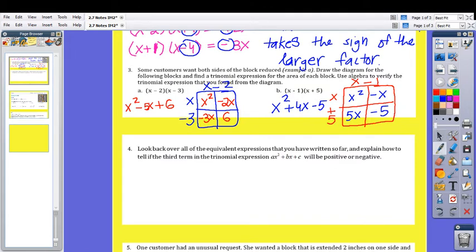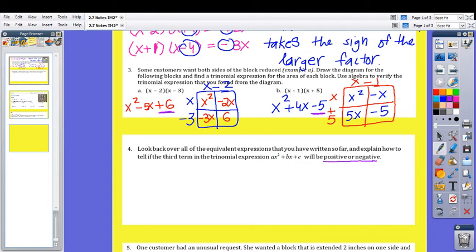So it is saying, if you look back at the third term, which is positive 6 and negative 5, it is asking us to figure out how we determine whether it's positive or negative, or what our observation is.